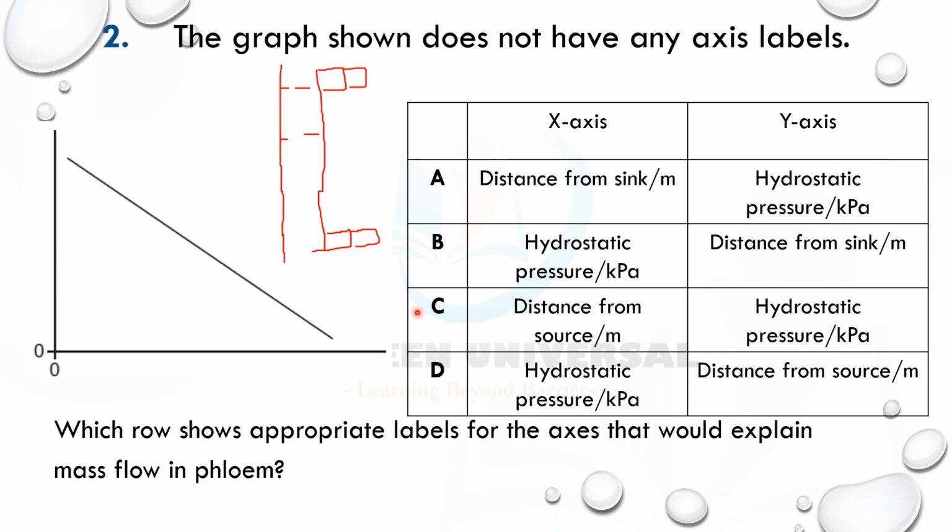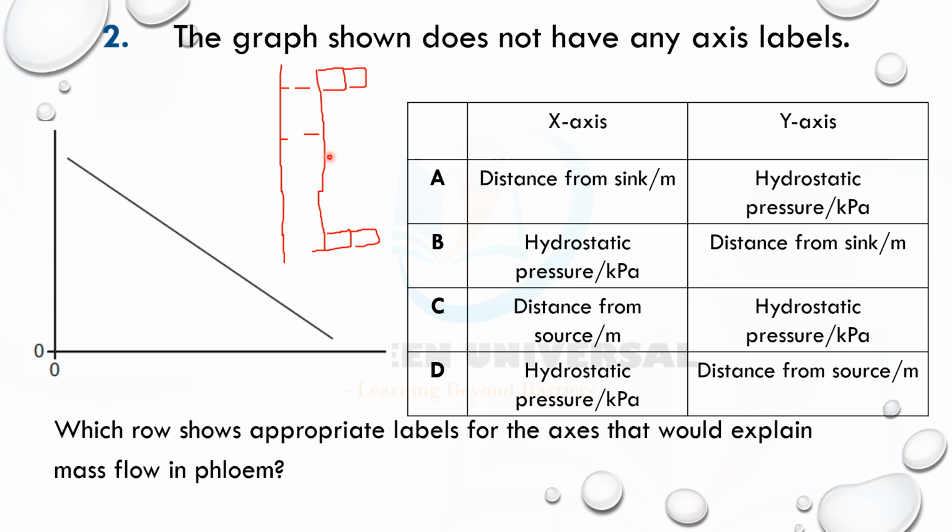So it's between C and D. What do you think? Which one should affect which one? I think that distance from the source affects hydrostatic pressure. As distance from the source increases, hydrostatic pressure will decrease because there's more distance to travel to transport phloem sap.